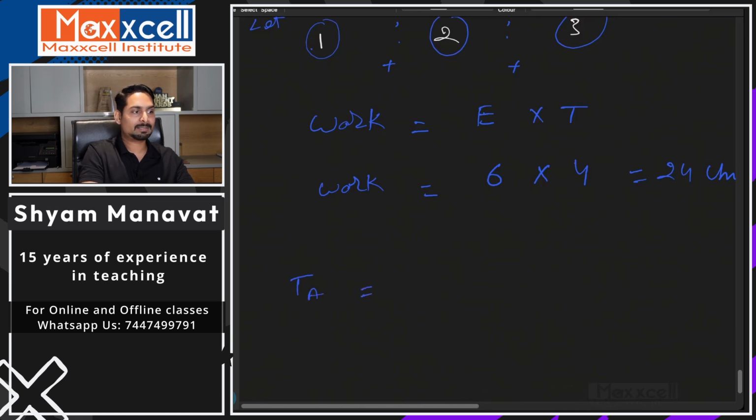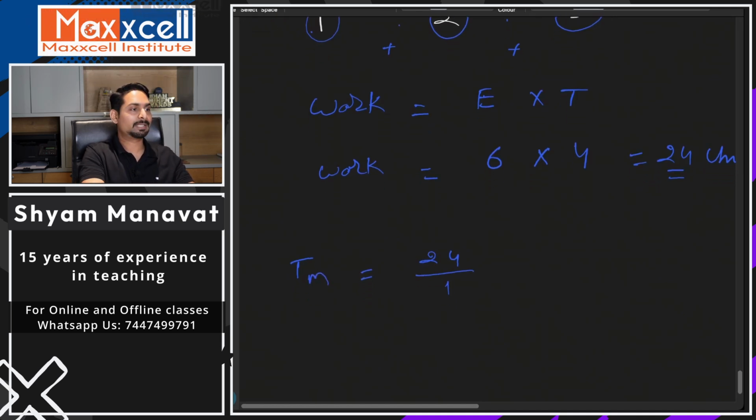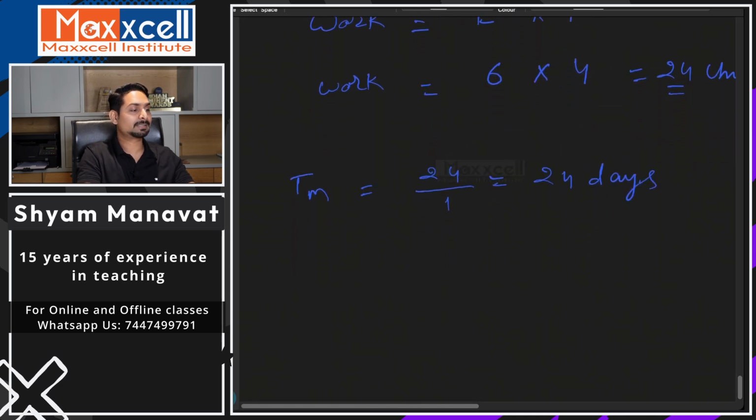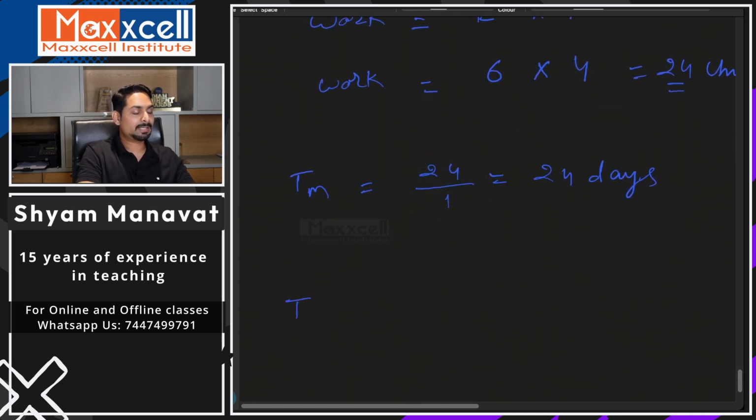Time taken will be total work, which is 24, which we got by using this formula, divided by the efficiency of Ramesh, that is 1, right? So what did you get? 24 days. The unit of time is days.